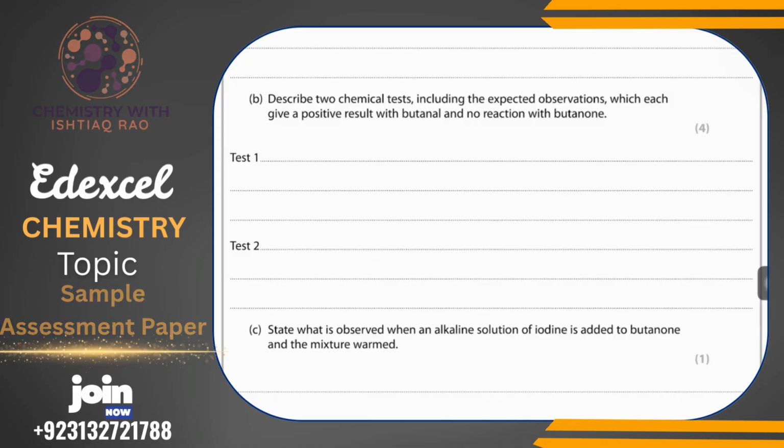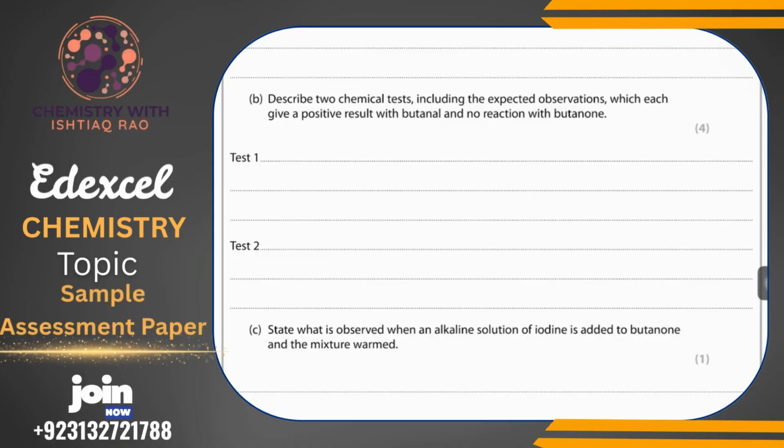And then for the second one, react with Fehling's reagent. The positive result is, sorry, not formation, a color change from blue to brick red. Blue solution to brick red precipitate, right?